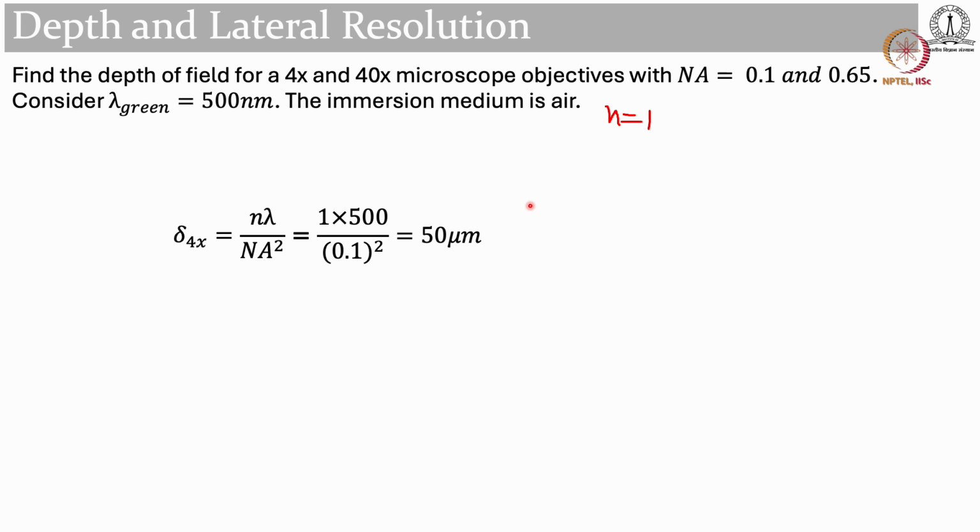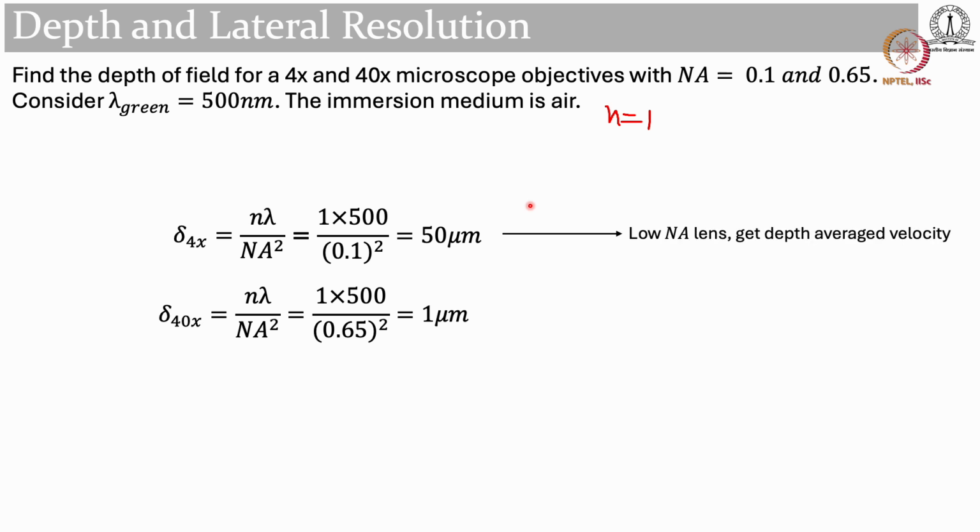Again, everything is subjective to what you want to see, and for a 40x objective, if you calculate, you will get around 1 micron depth of field, which is much smaller, and here you can focus on a very small region and see an in plane velocity field.